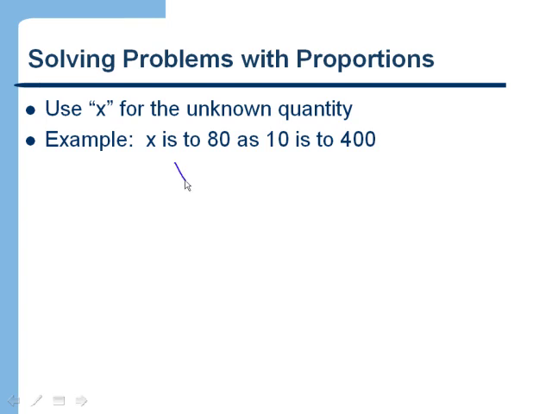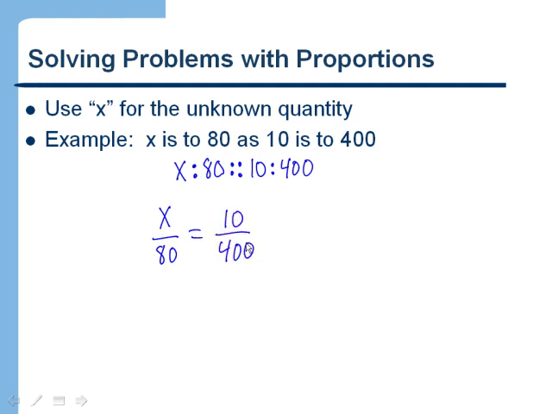We could write that with colon notation as x is to 80 as 10 is to 400. But more useful for us is to put it in terms of fractions. So x over 80 is equal to 10 over 400.